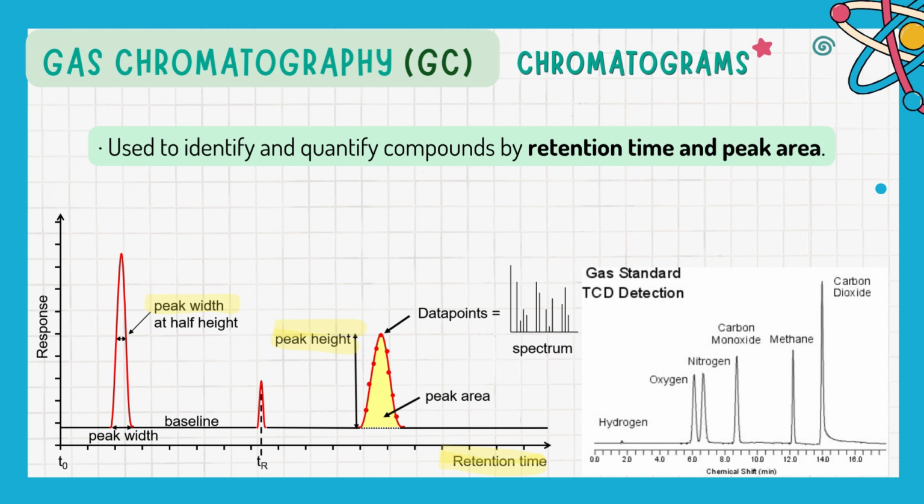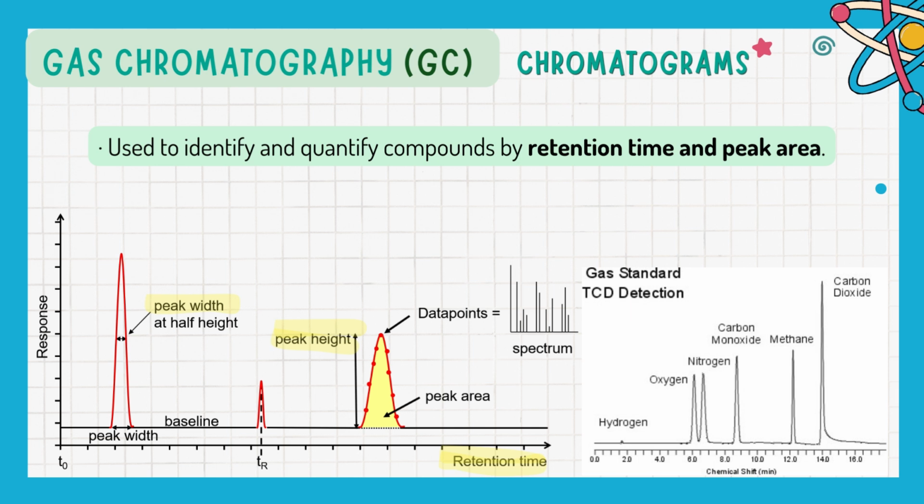So different compounds should show different peak heights. See, for hydrogen, almost insignificant, but for carbon dioxide, the peak height is very high, and we can also see the retention time varies from one compound to another because, for example, with oxygen here it's like 6, but it's 14 for CO2 or carbon dioxide.